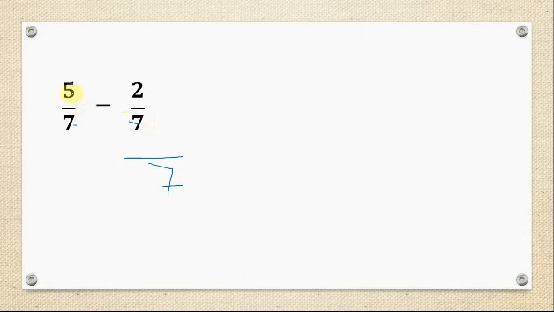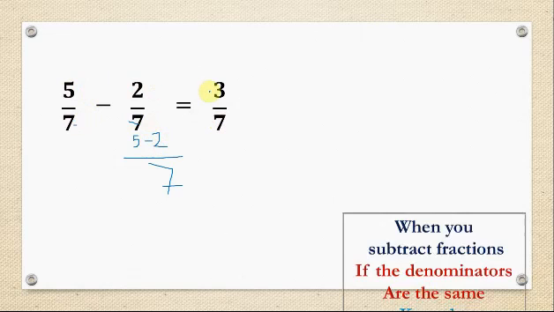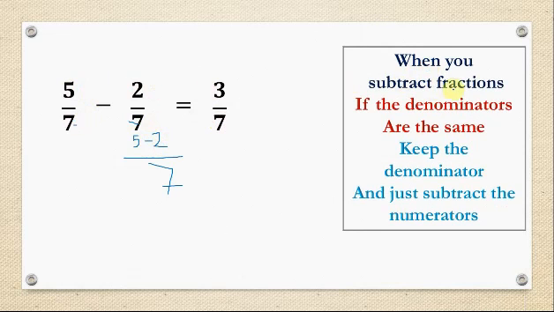Then just subtract the numerators. 5 minus 2. So the answer will be what? I can hear someone who says, yes, it's 3. So I keep the denominator 7, then subtract the numerators. 5 minus 2 equals 3. When you subtract fractions, if the denominators are the same, keep the denominator and just subtract the numerators.